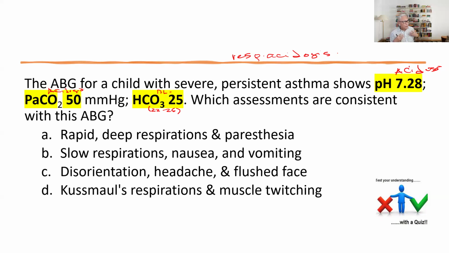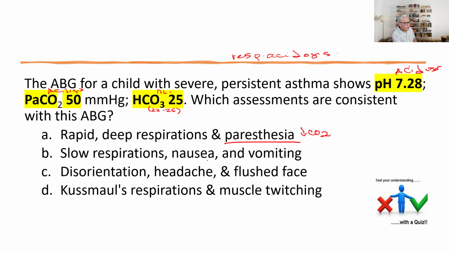Would they have rapid deep respirations and paresthesia? Now, paresthesia usually is going to be associated with a decrease in CO2. But we have an increase in CO2. So this could not be it.